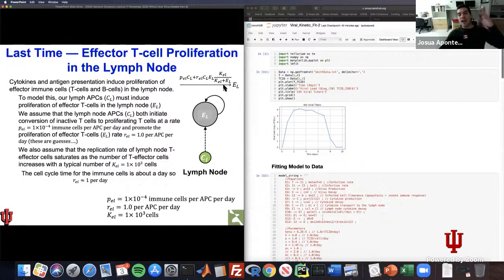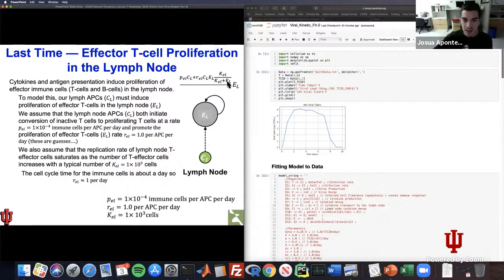What high means is determined by this parameter. So we said that it's 1,000 cells. After you have 1,000 effector cells in the lymph node, then their proliferation rate starts decreasing.